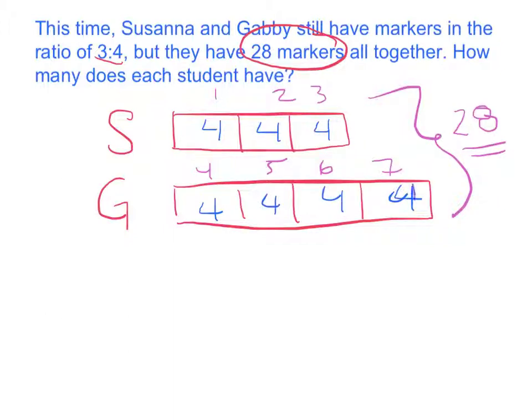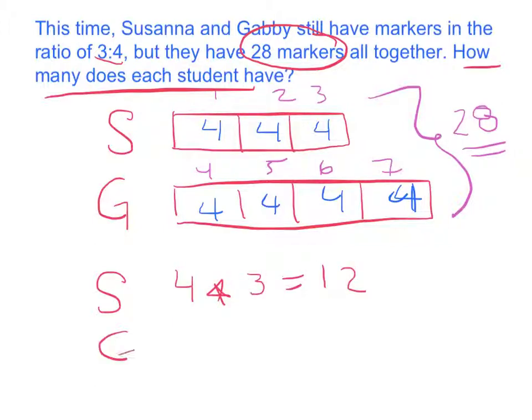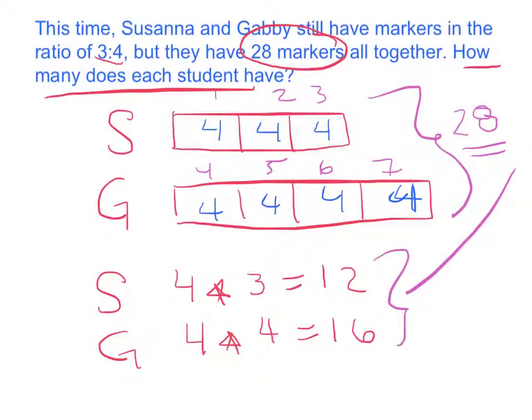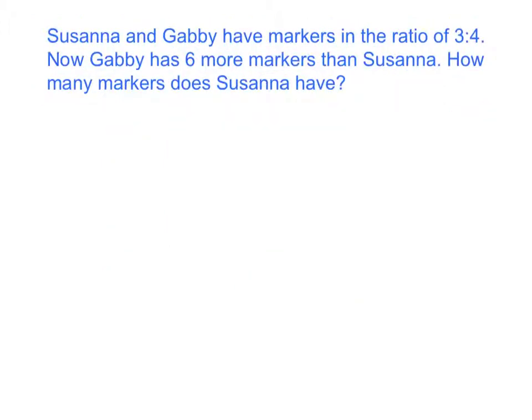And then the question I ask you then is, how many does each student have? So I know Susanna has 4 times 3, or 12. And I know that Gabby has 4 times 4, or 16. And again, I can check. It's so cool. Do they end up having 28 markers altogether? Yep.